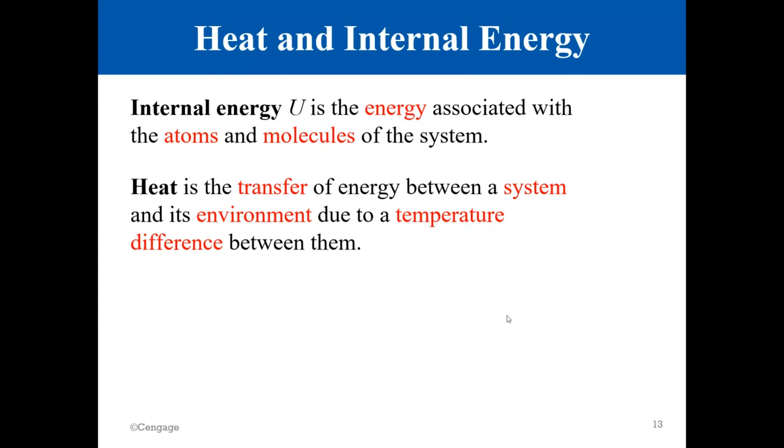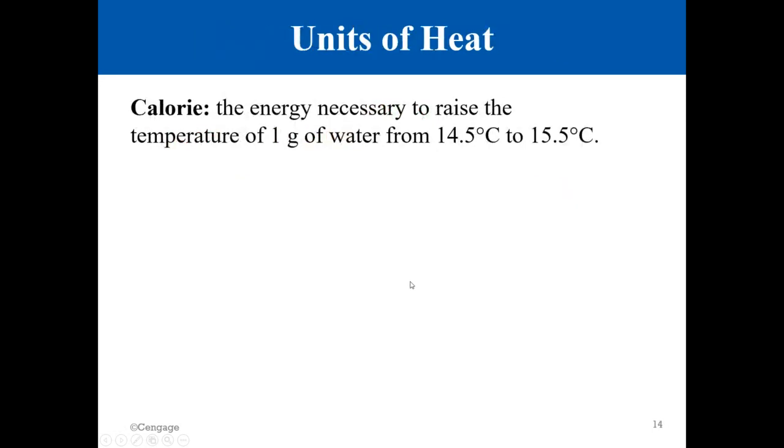Usually, the transfer occurs between the system and the environment, and it is governed by the temperature difference. If there is no temperature difference, there will be no heat transfer. So we always require a temperature difference in order to have a transfer of heat energy. Usually it goes from the hotter object to the colder object.